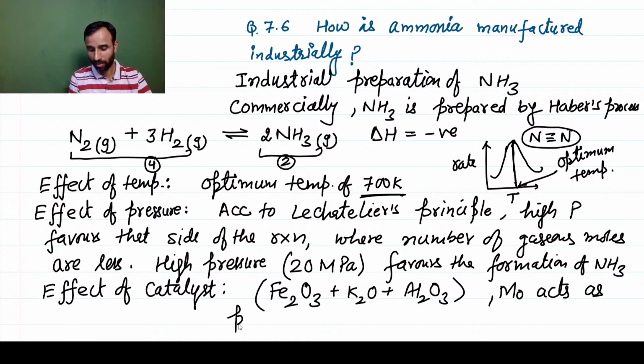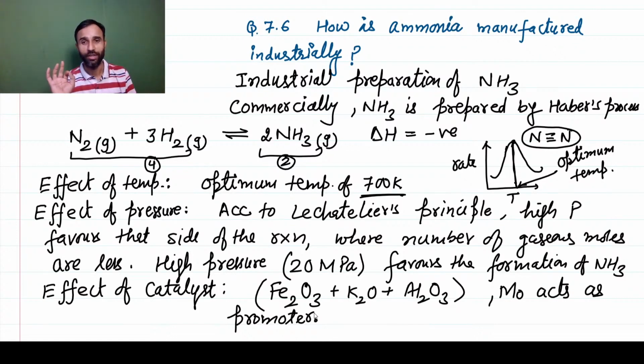It acts as a promoter. What is the use of a promoter? A promoter enhances the activity of the catalyst. It has nothing to do with the reaction itself. It only makes the catalyst more effective, like brushing up the catalyst.